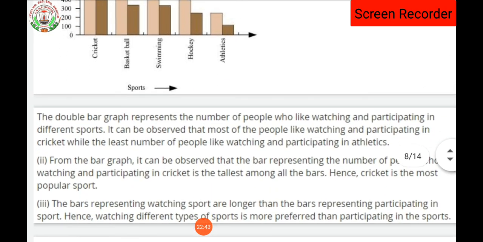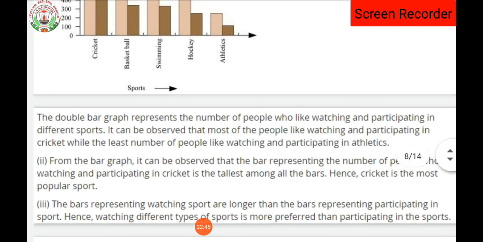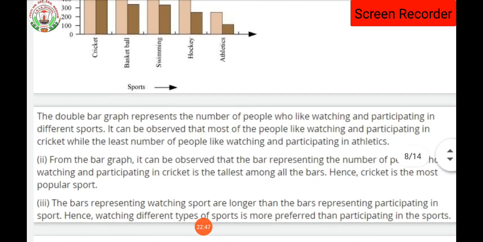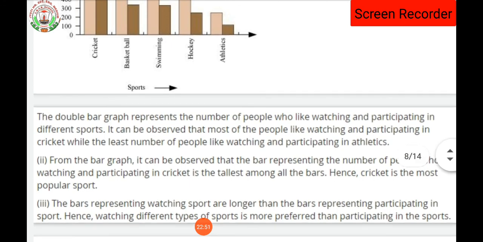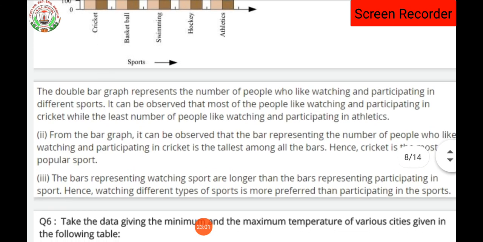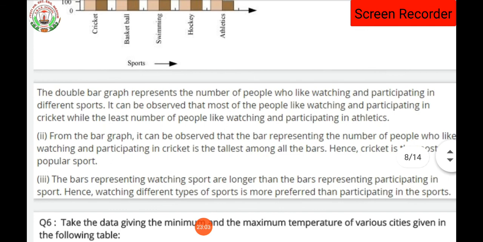Here, as the question asks, the double bar graph represents the number of people who like watching and participating in different sports. It can be observed that most of the people like watching and participating in cricket, while the least number of people like watching and participating in athletics. From the bar graph, it can be observed that the bar representing the number of people who like watching and participating in cricket is the tallest among all, that means maximum.